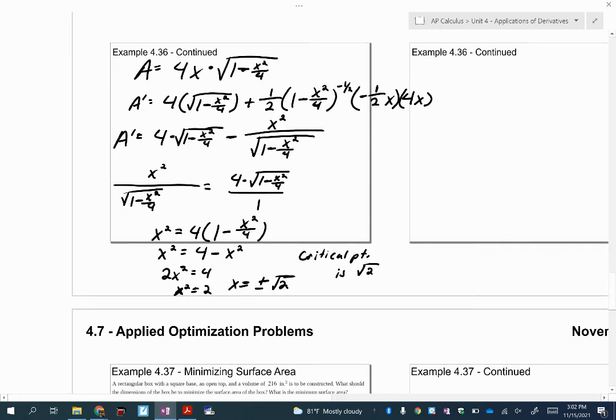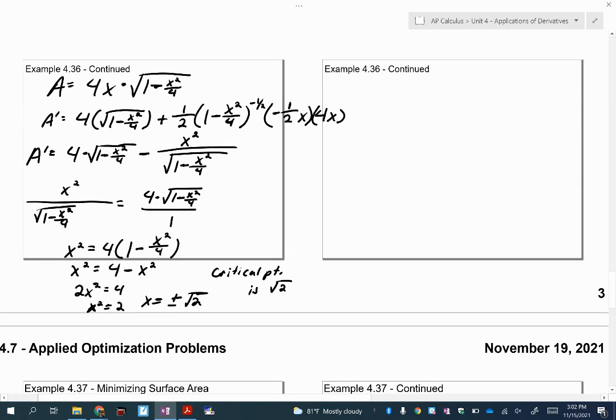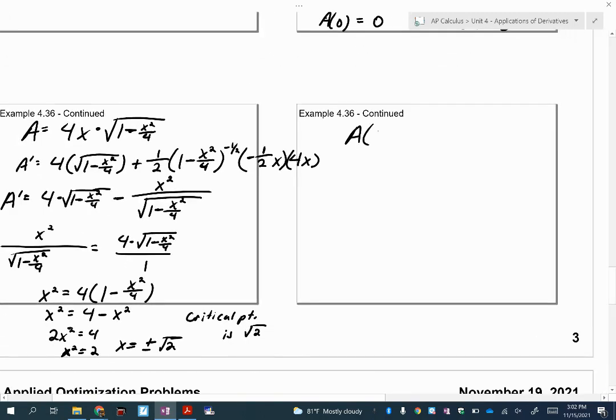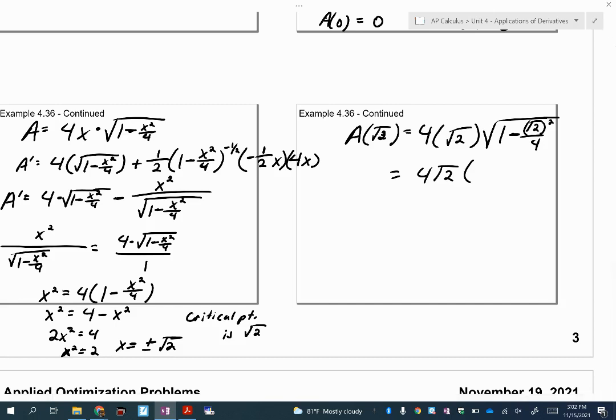Okay, I do have one more slide. Excellent. So I'm going to plug in the square root of 2 into my area function. So A of the square root of 2 is 4 times the square root of 2 times the square root of 1 minus the square root of 2, all that squared, over 4. So that's 4 times the square root of 2 times, let's see, the square root of 2 squared is 2. 2/4 is 1/2. 1 minus 1/2 is 1/2.